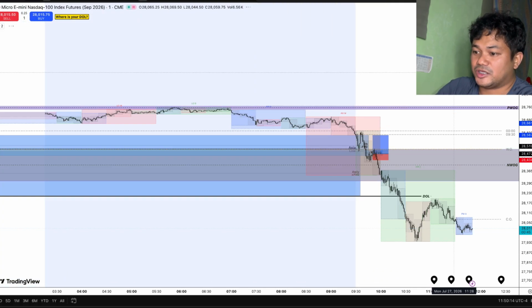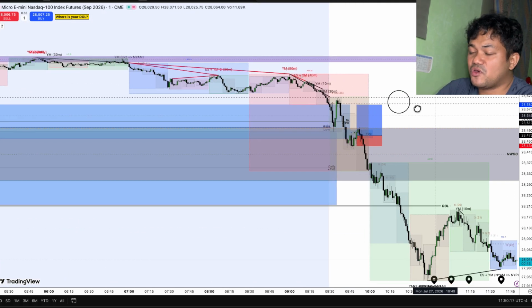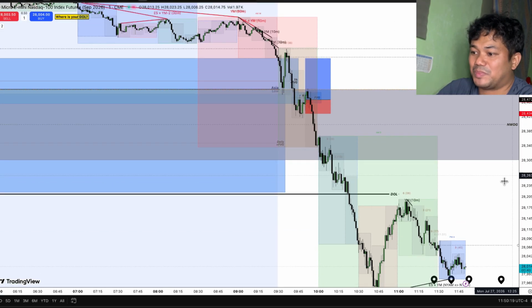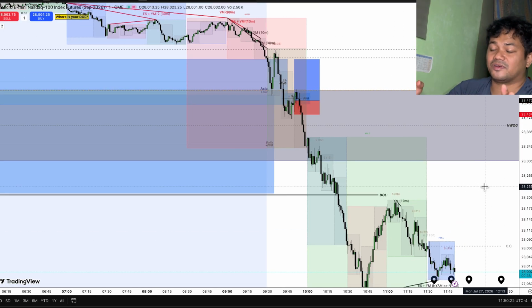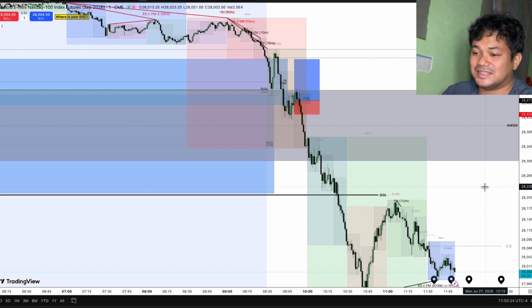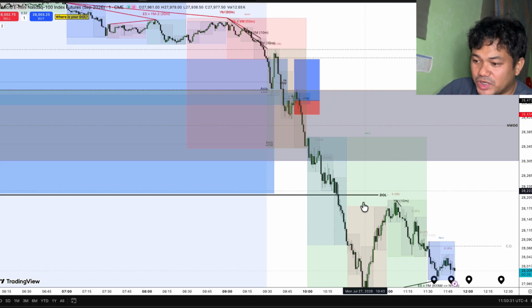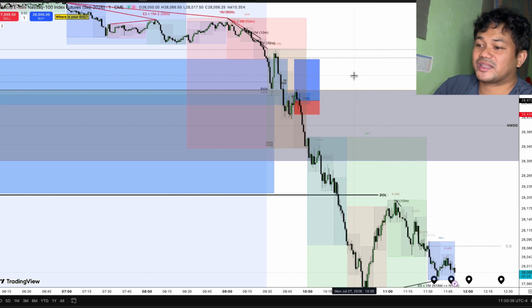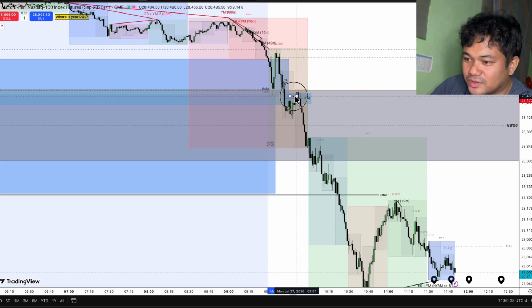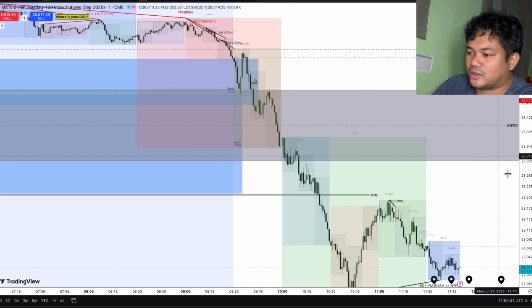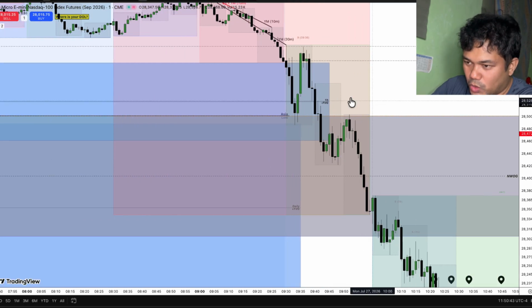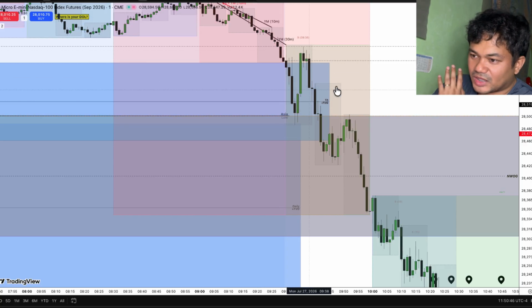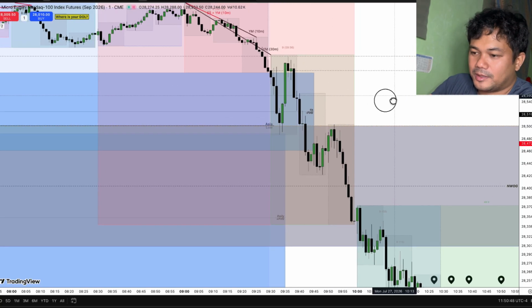But you know, the thing is, if you have your draw on liquidity set in place, the objective is gonna be simple and very straightforward. If you have your draw on liquidity right here, then your objective is to look for a short position, which was eto sana. Ito dapat sana yung trade ko. Now, this is just hypothetical and hindsight, okay?